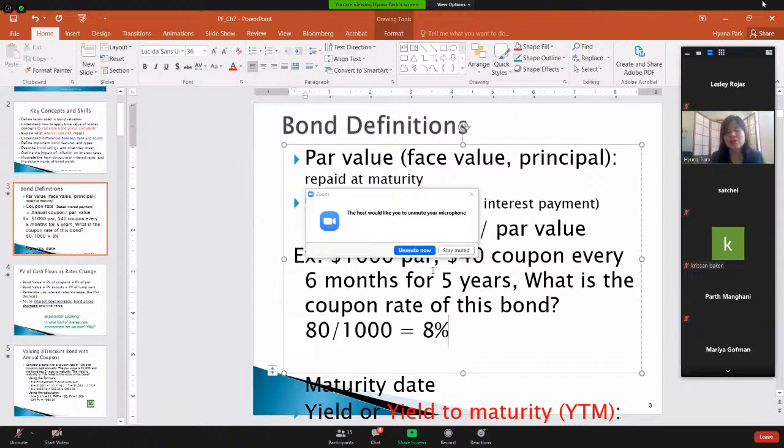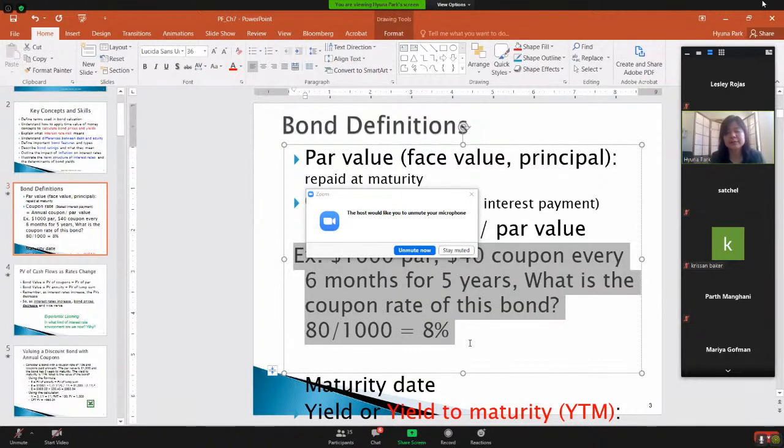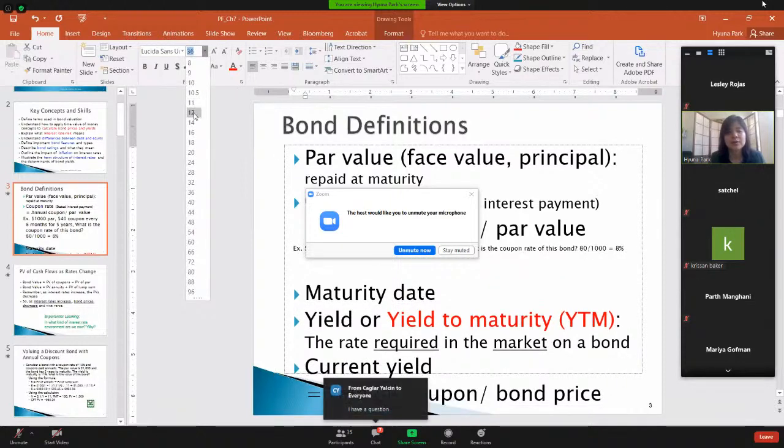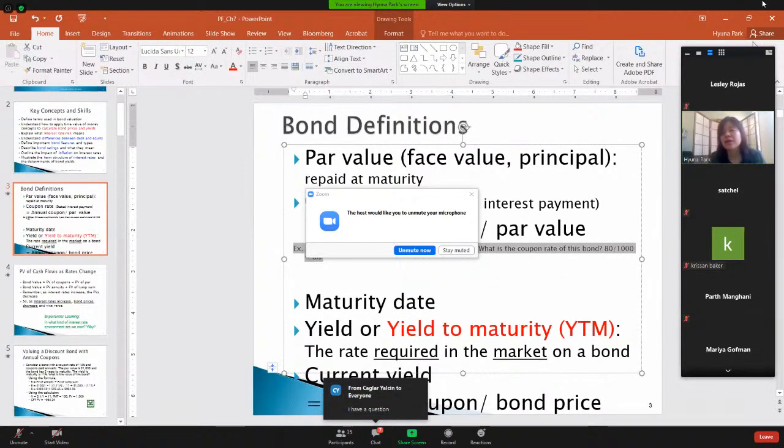So any questions so far? Yeah, I see another chat. So Kegla, you have a question, then you can unmute and ask the question. Why is it 80 and not 40?